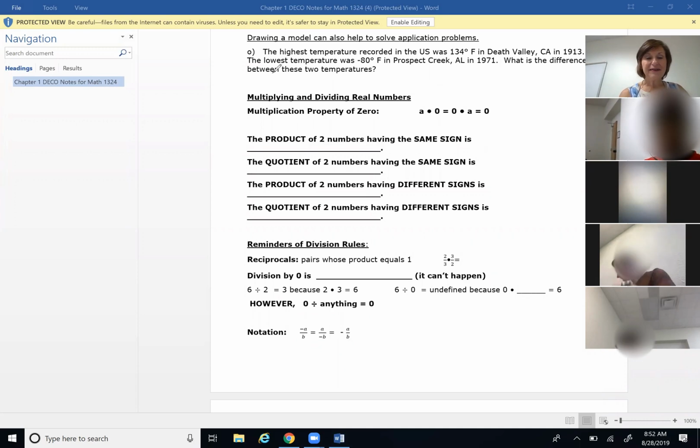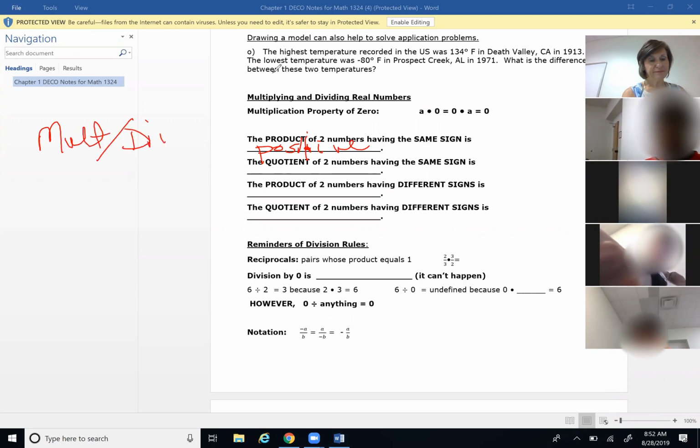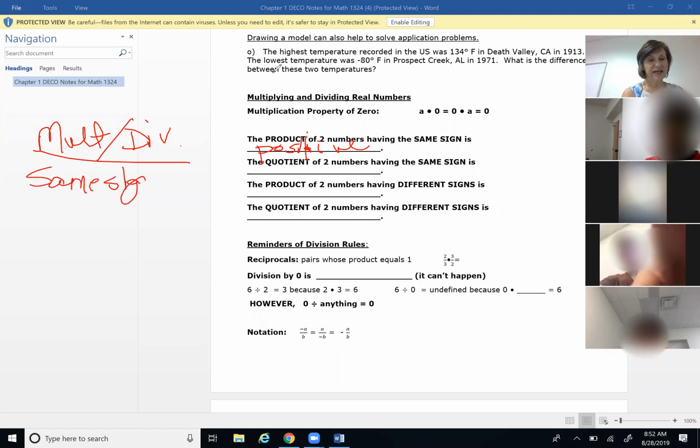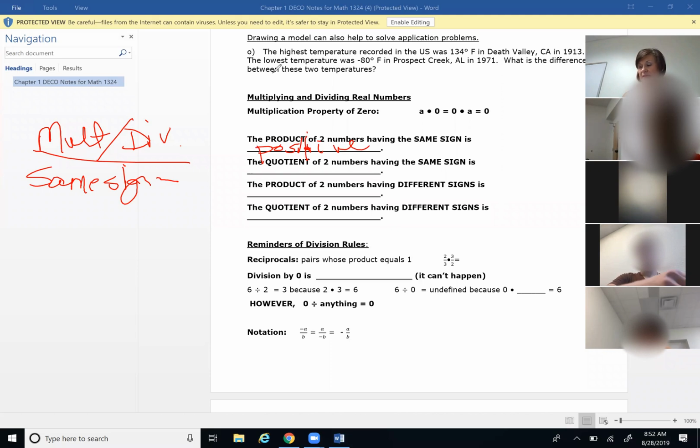It is positive. Now, here's why. Our rule is going to be this. If we're multiplying or dividing, we're still going to look at same sign versus different signs. So if the signs are the same, either both positive or both negative, then the answer will always be positive.